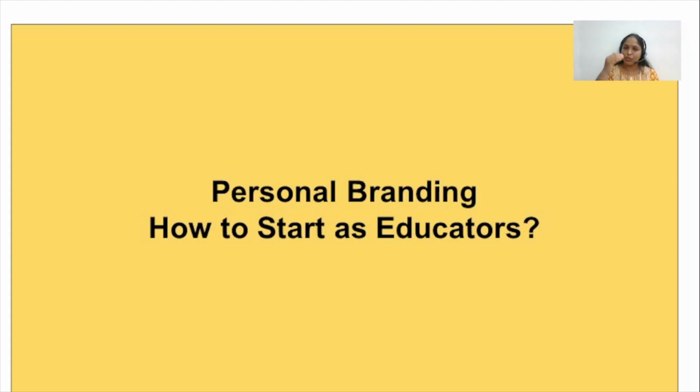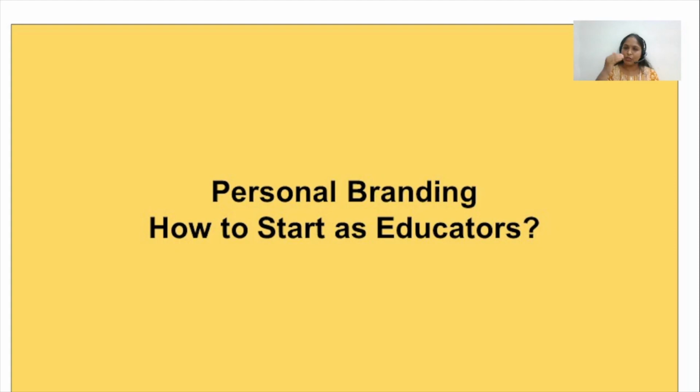So this is a 7-building-block personal branding pyramid. I will be uncovering each of those layers bottom up, and at each layer I'll be talking about what can be done as an educator.